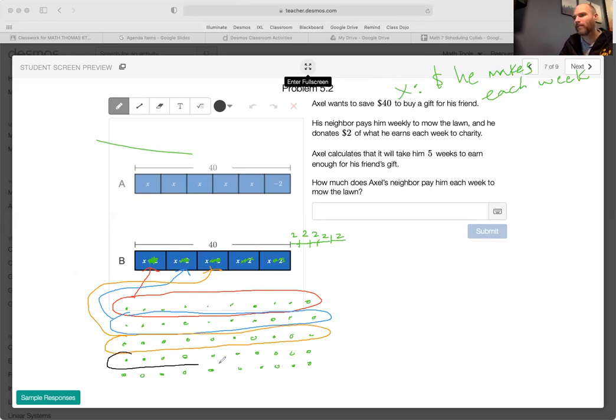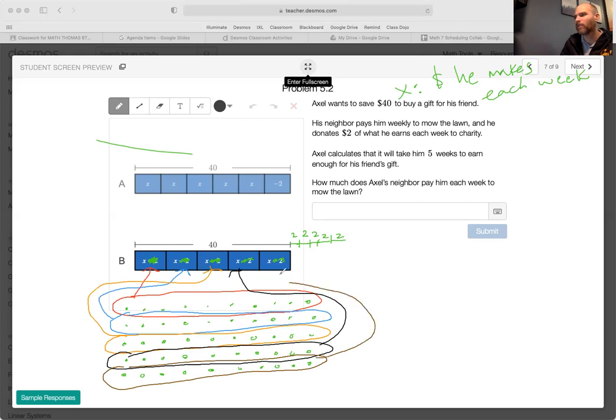And these 10 can go in that box. And lastly, these 10 can go in this box. And so what that tells us is that each of these little boxes that just has an X in it, because I canceled out the -2's, well, 10 per box, X equals 10.